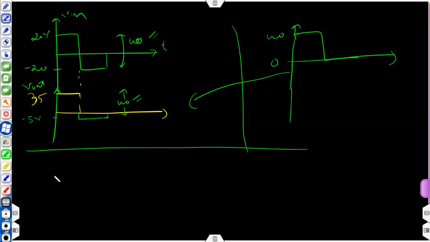Any doubt in this? Any students having any doubt in the clamper part? I have covered the positive and negative, both the clampers. So from my side, this is over. Now you should practice more and more questions.